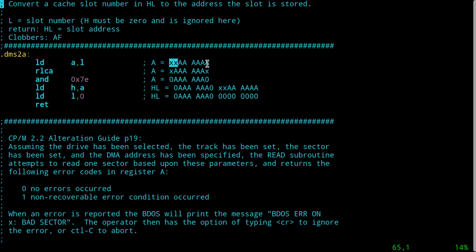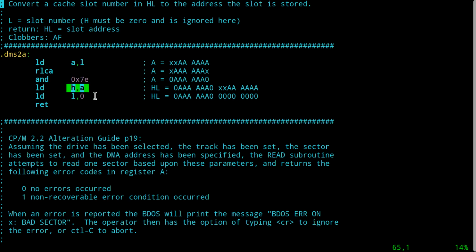So we need to get rid of those, and we need to align the rest of these bits to where they need to go to define our address. So to do that, we need to move it to the left 1 bit. So we have garbage followed by these 6 bits followed by garbage. We then do an AND with a hex 7E. We get 0 followed by the 6 bits followed by a 0. And that's in the accumulator.